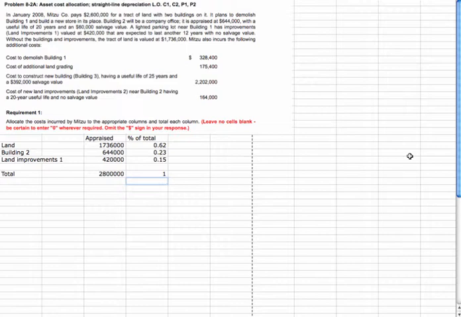Okay, now that I know my allocation percentages for my purchase price, I can now say my purchase price of $2,006,000, and it's the same amount for all of them. I'm going to multiply my purchase price times the percentage.